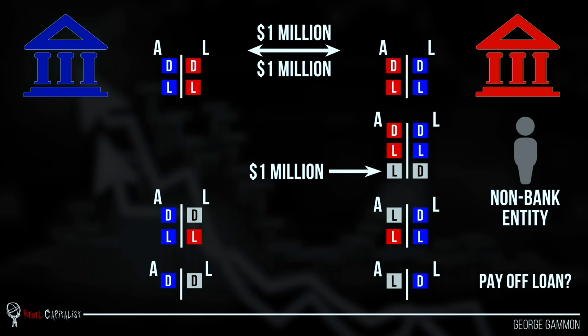What happens is the deposit for the non-bank entity, now this is shaded in gray, goes over to the blue bank, and remember, it's for $1 million. Let's also remember that the red bank has $1 million on deposit with them. So the red bank's deposit, the $1 million, goes down to zero. That's their balance, and then the non-bank entity takes its place.